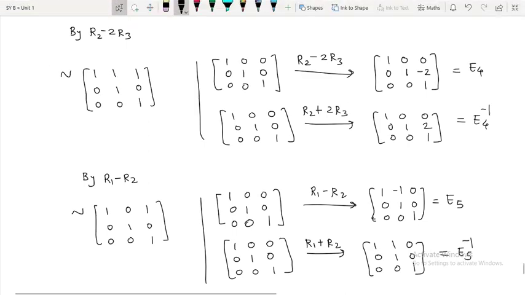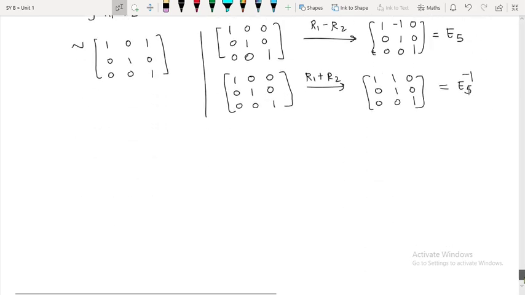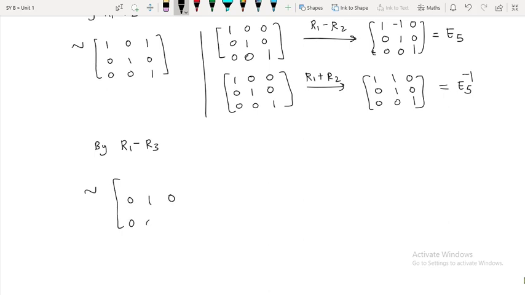Next is, now the last operation is left, R1 minus R3, and this will be equivalent to, so second row is as it is, third row is as it is, 1 minus 0 is 1, 0 minus 0 is 0, and 1 minus 1 is 0. Yes, we got the identity matrix. So this is 1 0 0, 0 1 0, 0 0 1.